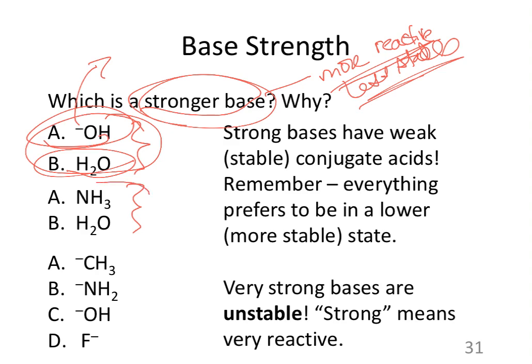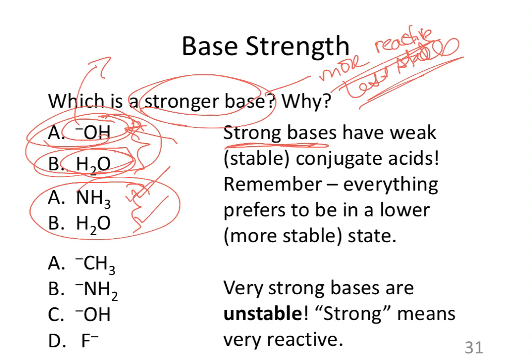How about comparing these two, ammonia and water? Well, notice off to the right here that if you can't really tell, sometimes, not all the time, if you have one substance that has a charge and the other one doesn't, the one with the charge is usually stronger because nature would prefer to be neutral.